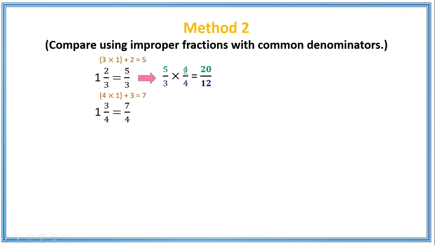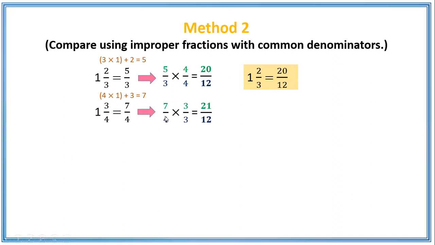So 5 times 4 is equals to 20, and 3 times 4 is equals to 12. 1 and 2 out of 3 is equals to 20 out of 12. Next.